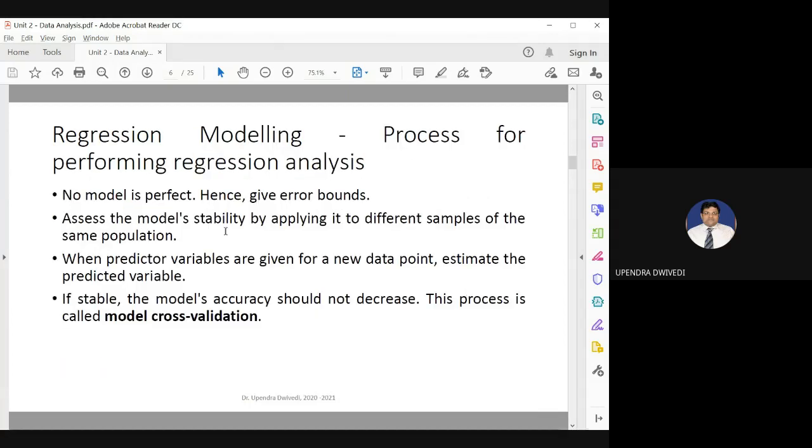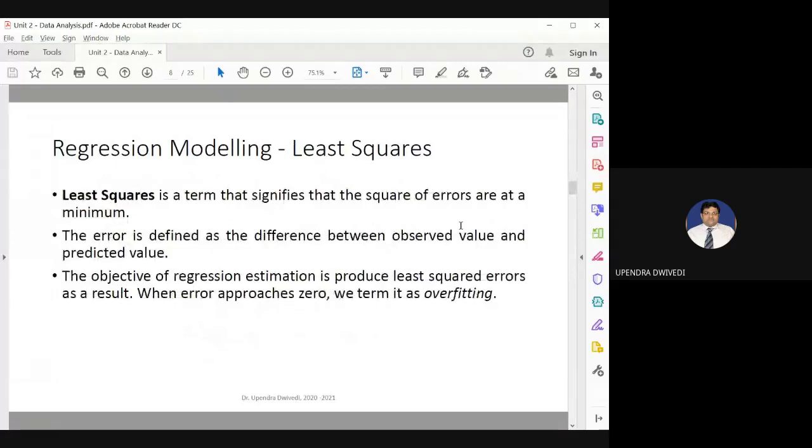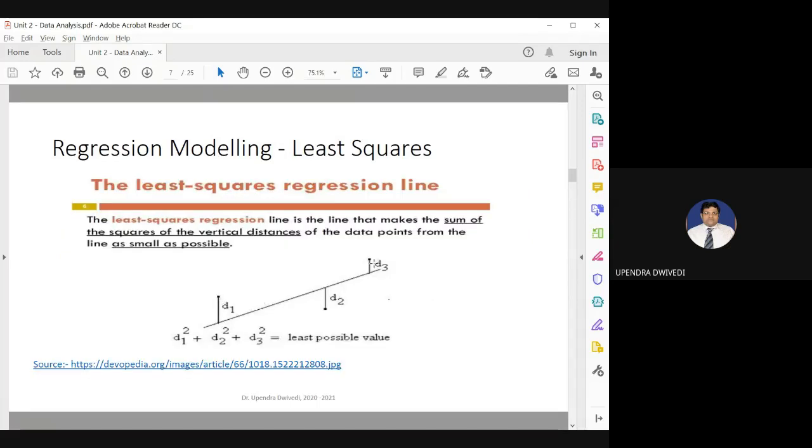The difference between the observed value and the predicted value is the error. The objective of regression estimation is to produce the least square error as a result. When the error approaches zero, we term it overfitting. So suppose D1 square plus D2 square plus D3 square is equal to zero.